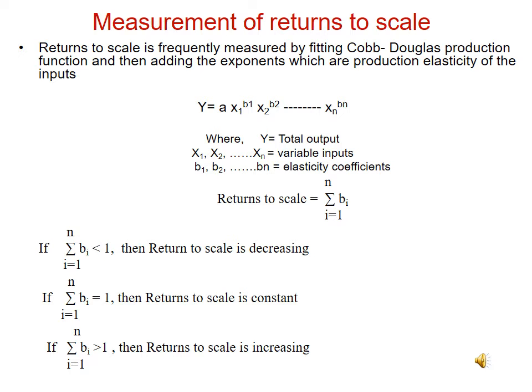Or if the summation of this elasticity coefficients gives a result which is greater than 1, then we say that increasing returns to scale prevails. So these things we need to remember, the values and their economic implications.